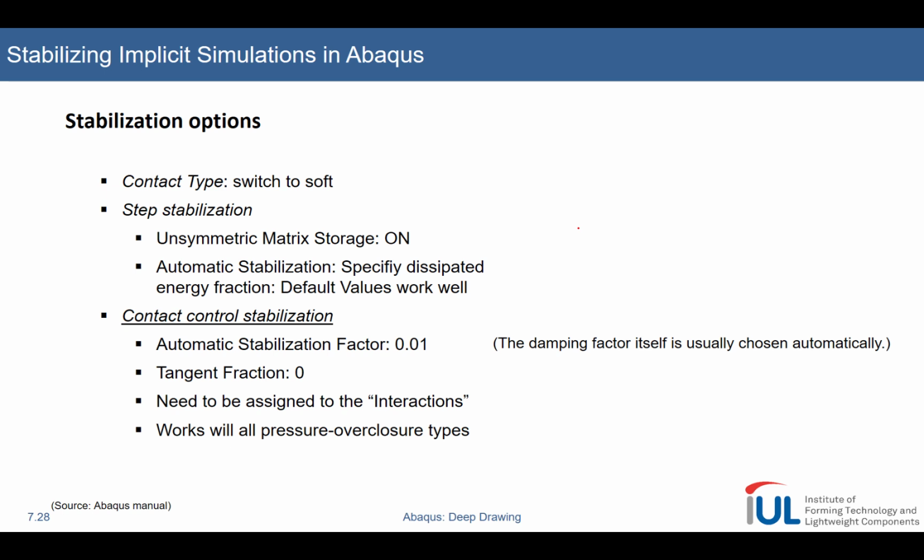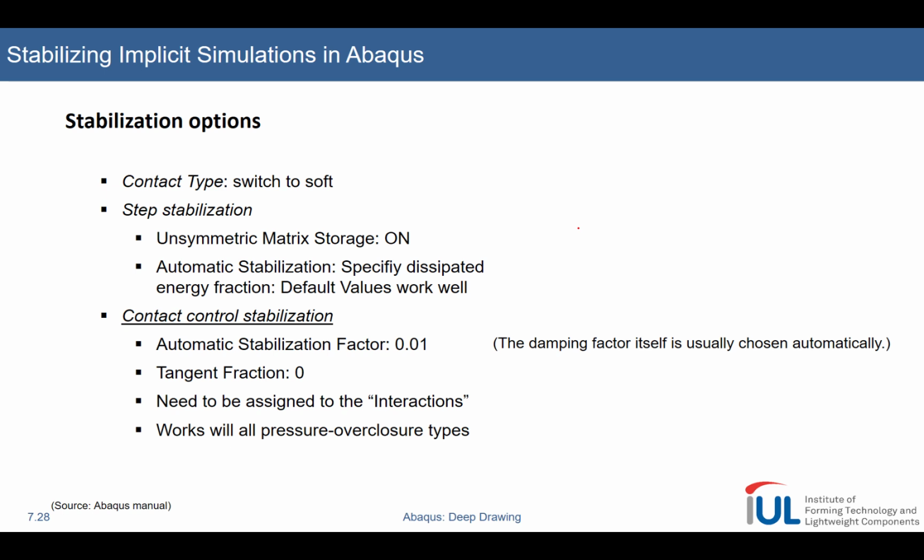It's not the actual damping factor. This is usually calculated automatically by Abaqus, and calculating the damping factor itself is a hard thing to do, and I would say it requires a lot of trial and error going back and forth.